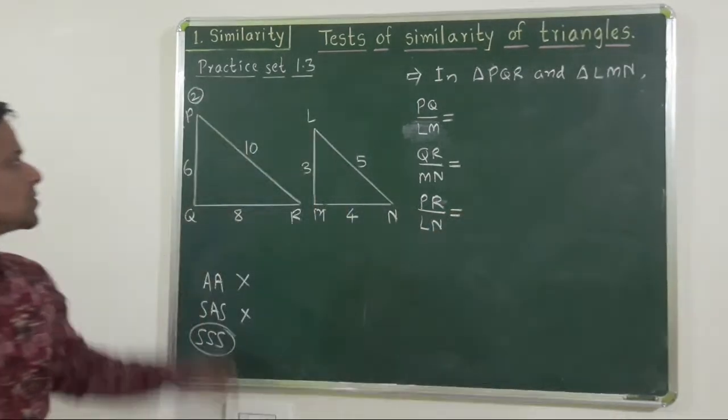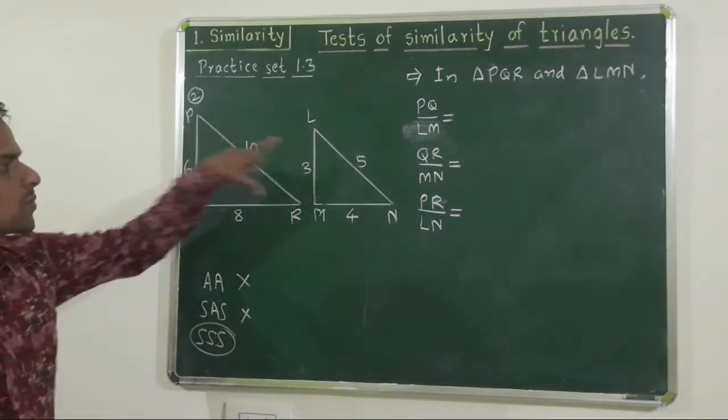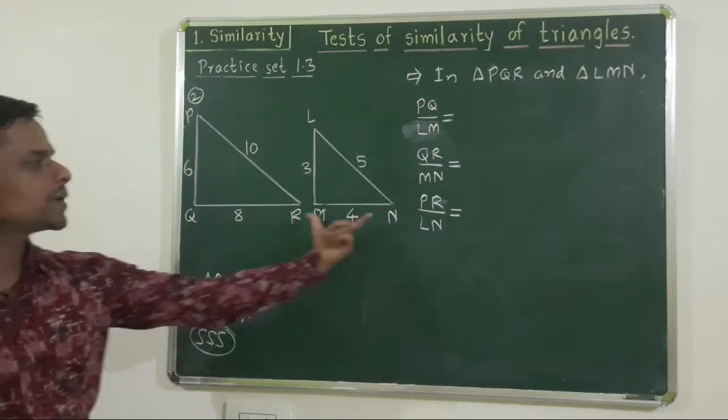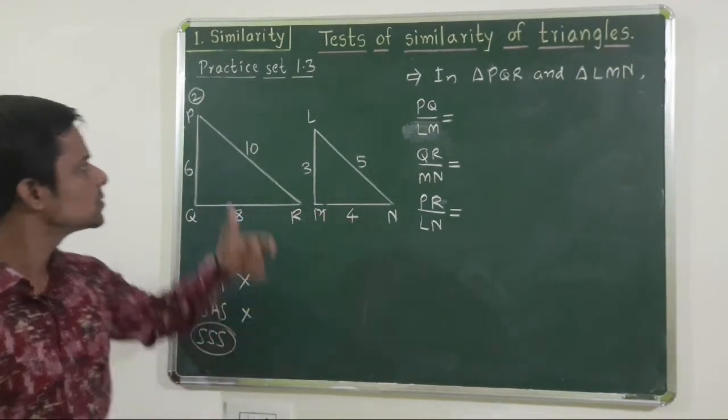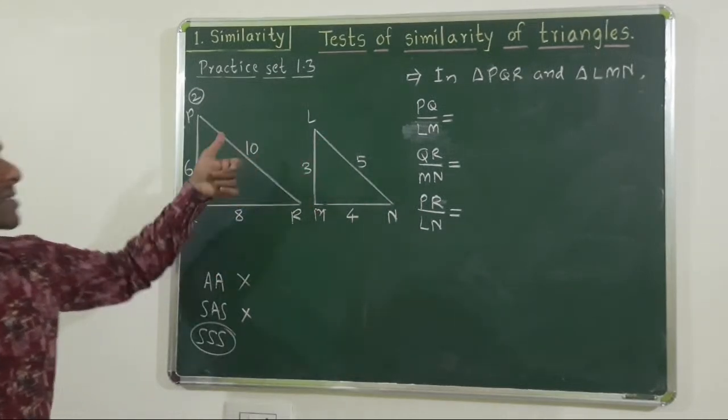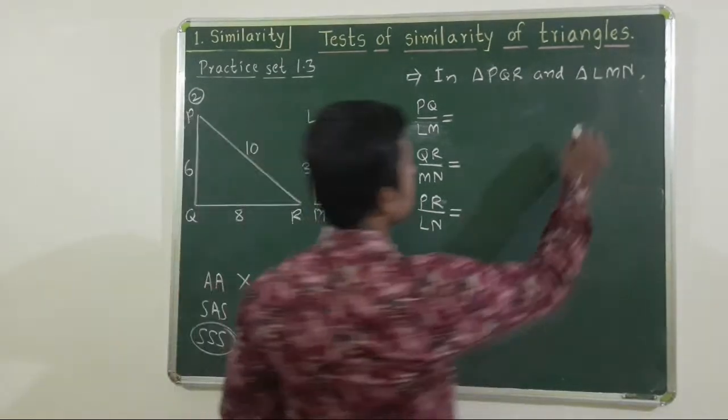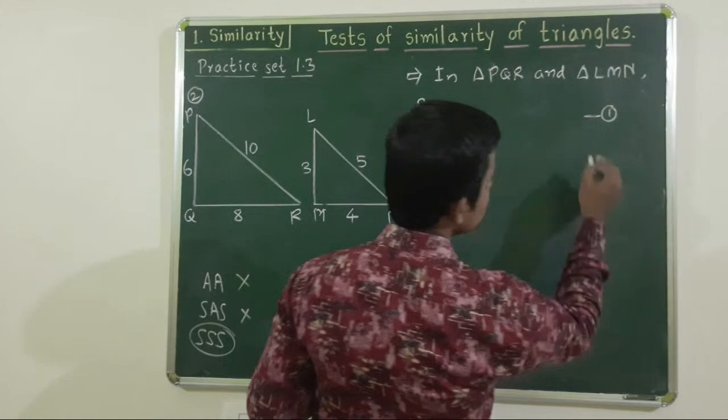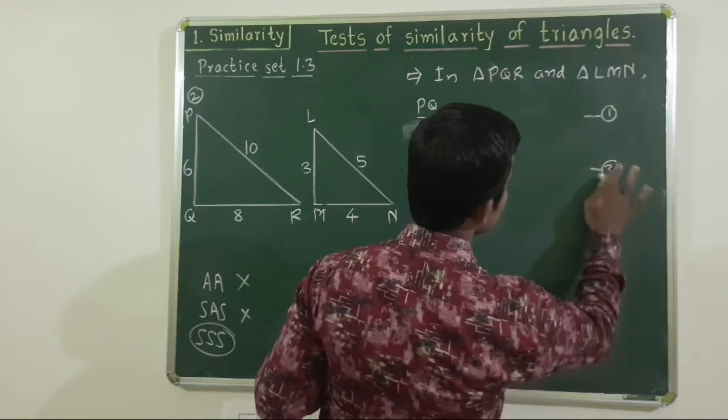Find out these values. PQ upon LM is 6 upon 3, that is 2. QR upon MN is 8 upon 4, that is 2. And PR upon LN is 10 upon 5, that is 2. Means all these three ratios are equal to 2.